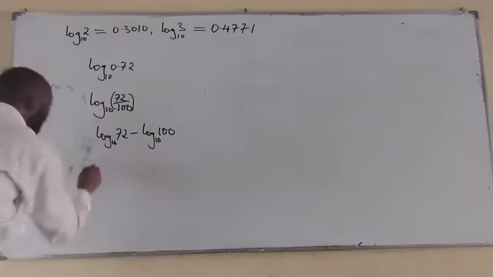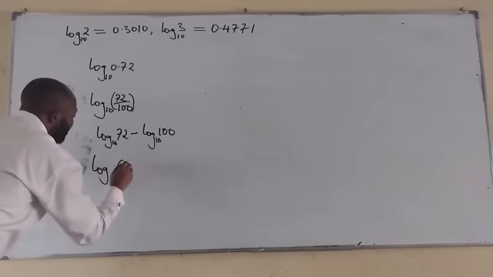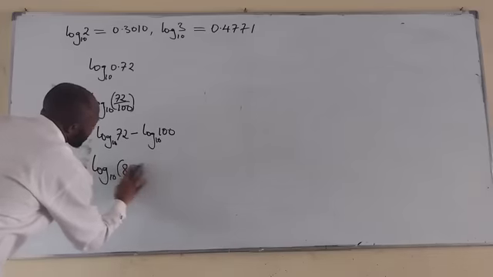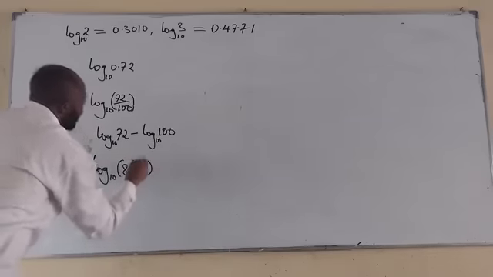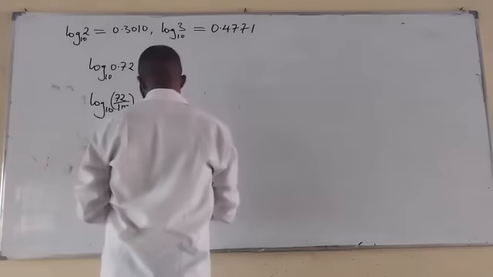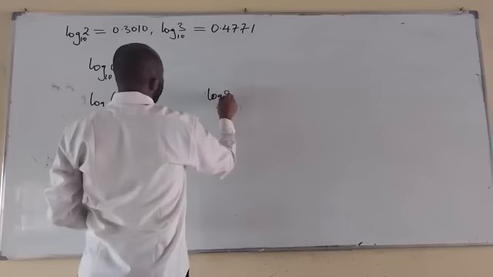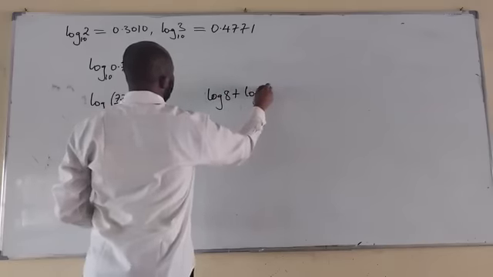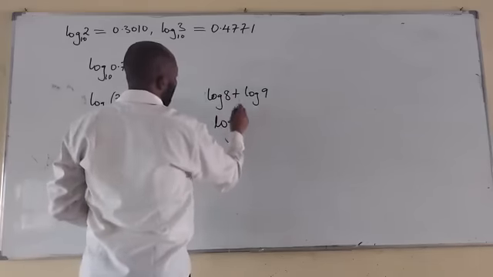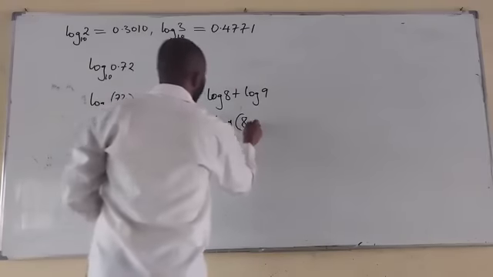So here I now have log in base 10, open bracket, 8 times 9. Let's see, the addition law says that log 8 plus log 9 is the same thing as log of 8 times 9.